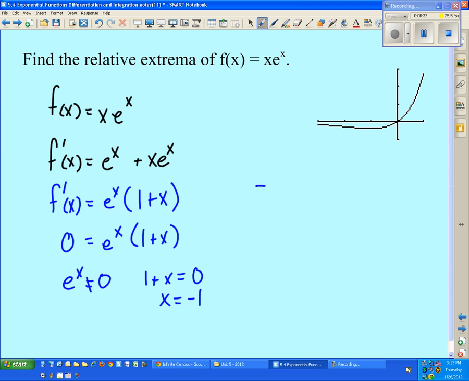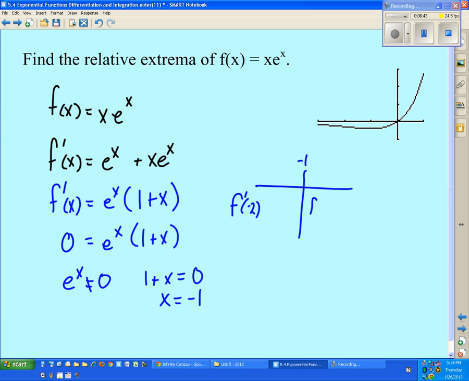And so I'm going to say, okay, well, here's negative 1. And so I would do f prime of, say, negative 2, and probably f prime of 0. And putting 0 into f prime will give me 1 times 1, which gives me a positive number. And then if I put in negative 2, I get a negative number here.